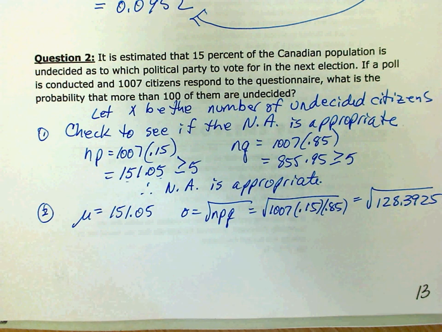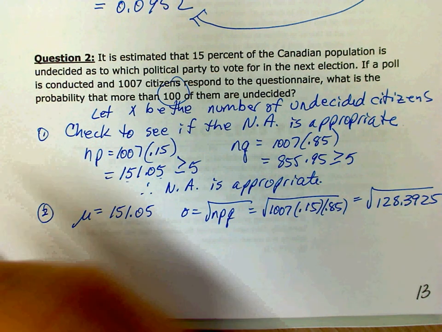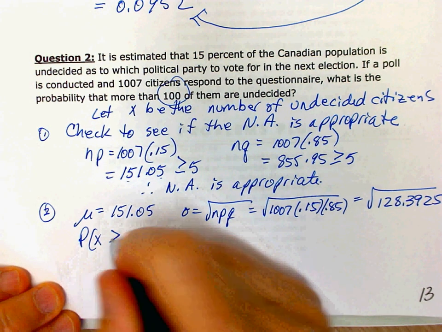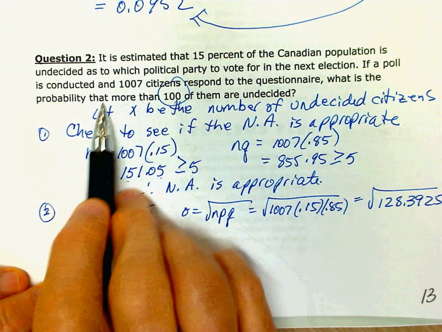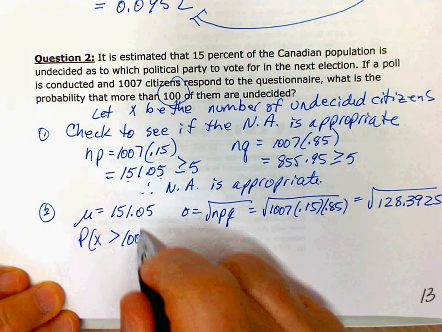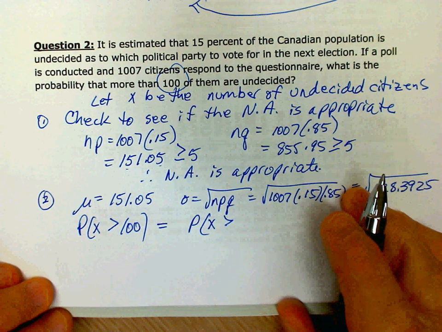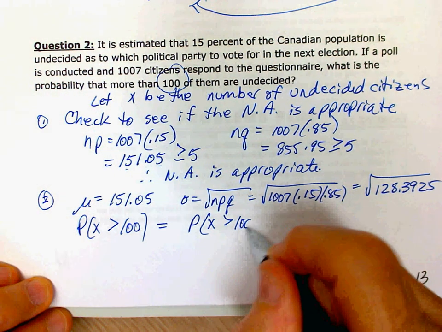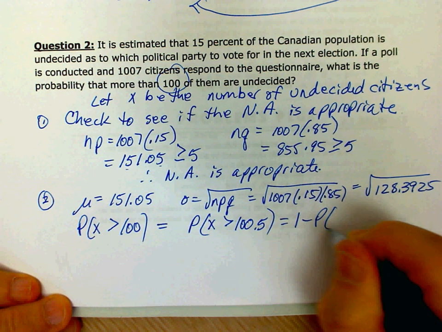The probability that more than 100 of them are undecided. Now, they're saying more than. So here we can't put an equal sign, right? It's more than 100. So our 0.5 adjustment is 100.5, and that is equal to 1 minus the probability x is less than 100.5.